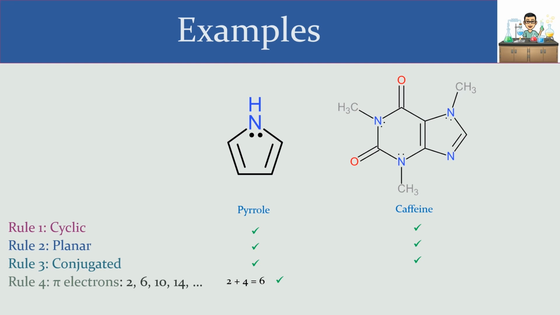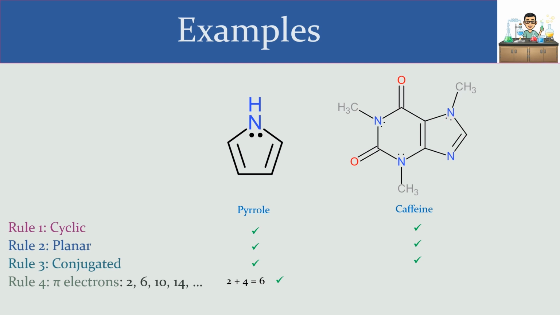And in terms of how many pi electrons we have in total, we got to count those lone pairs on the nitrogens that had pi bonds next door. So notice I'm not really accounting for this nitrogen's lone pair because that nitrogen is already participating in a pi bond. And so everything is sp2. If I count up the number of pi electrons, I'm going to count these electrons over here, so that's 2.